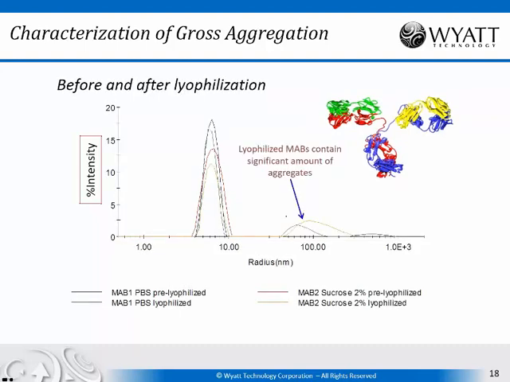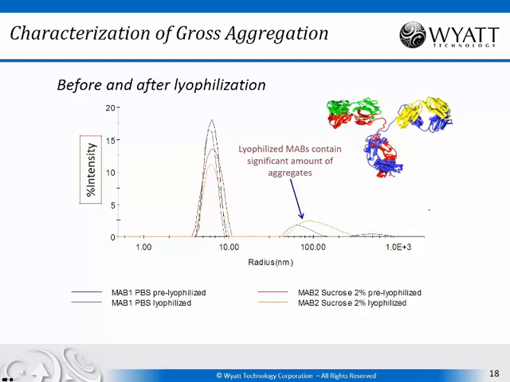After reconstitution, though, we do see the addition of these larger aggregates, and in fact, the non-sucrose containing solution had some very large aggregates shown over here, and the sucrose containing condition just had this range of aggregates. So it was not quite as bad as the non-sucrose containing condition.